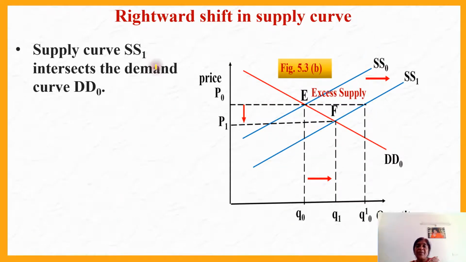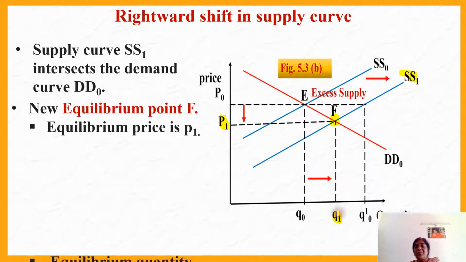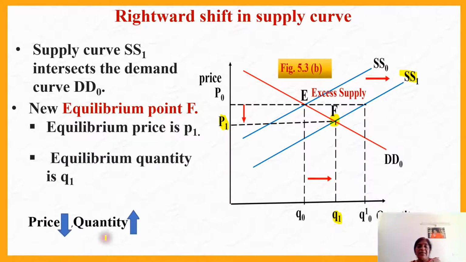We see here SS1, after the shift SS1, DD0 intersects here at the new equilibrium, and the new equilibrium price is P1 and the new equilibrium quantity is Q1. What can you say about that? Equilibrium price has decreased and quantity increased.